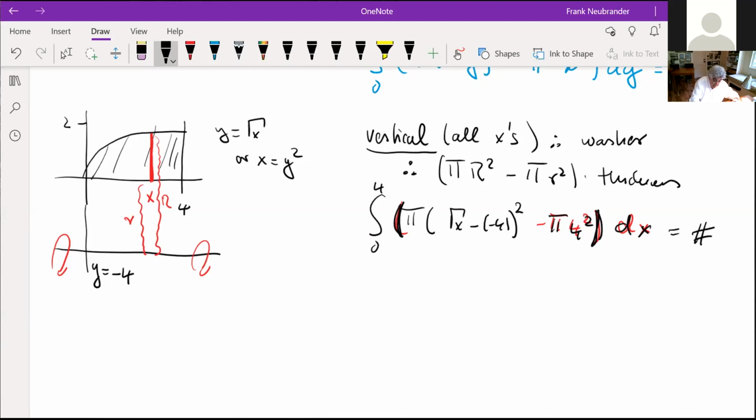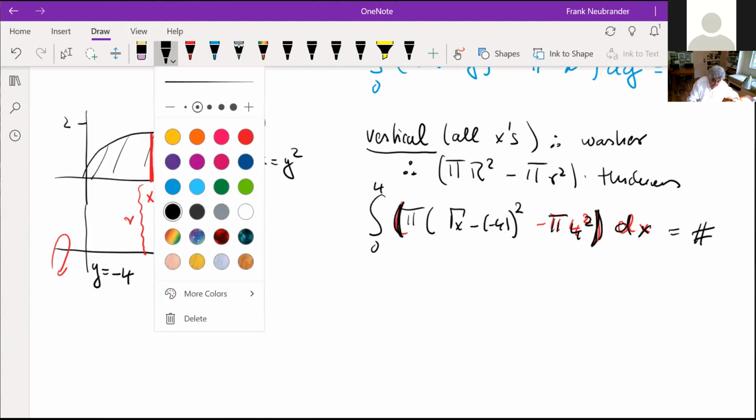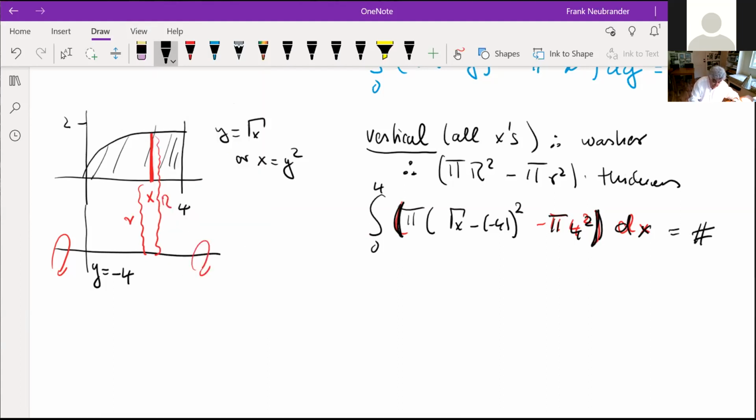And now we use horizontal slices. So again, I fix a y between 0 and 2. Then this value here will be y squared. X is equal to y squared.